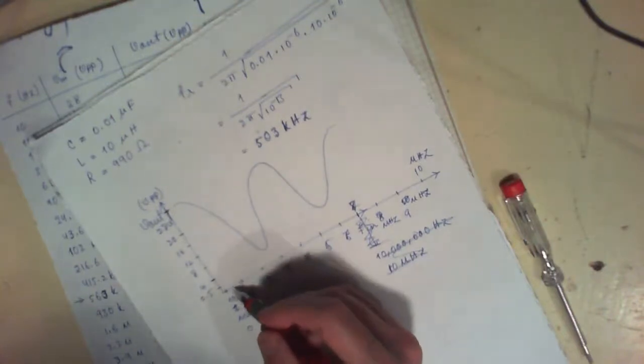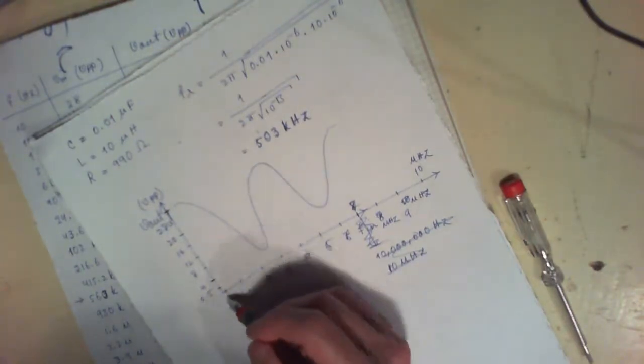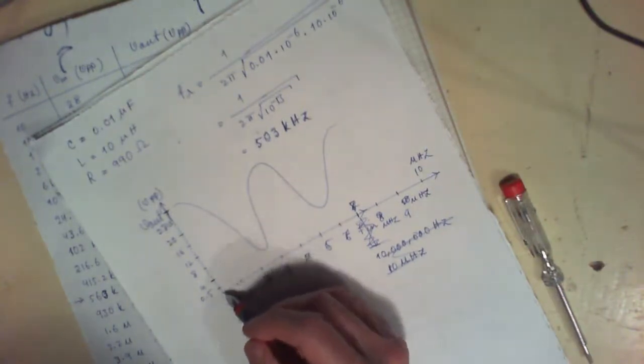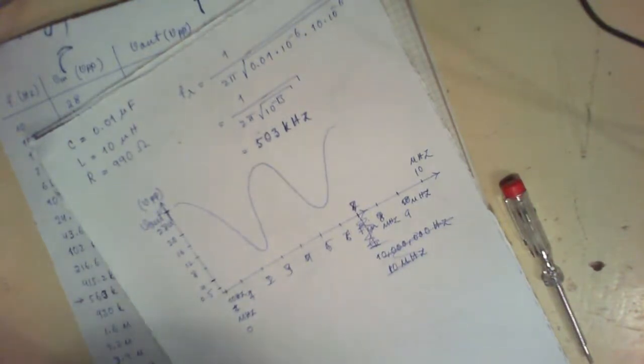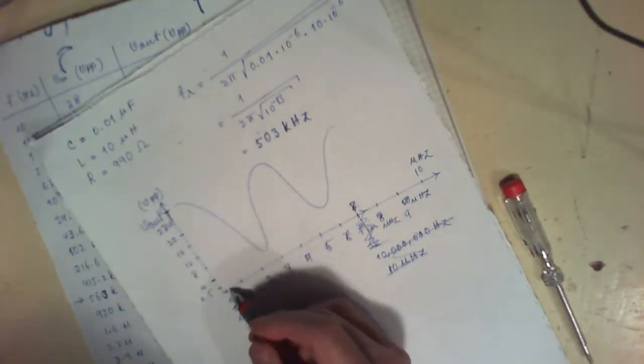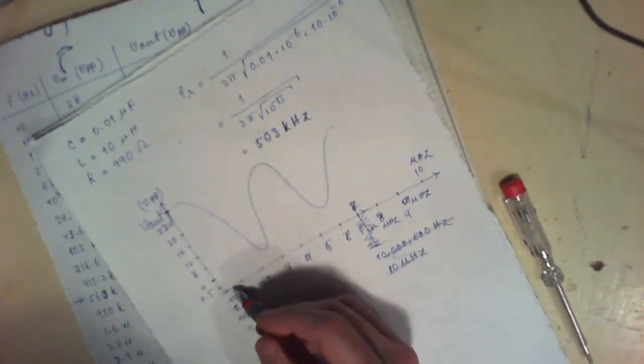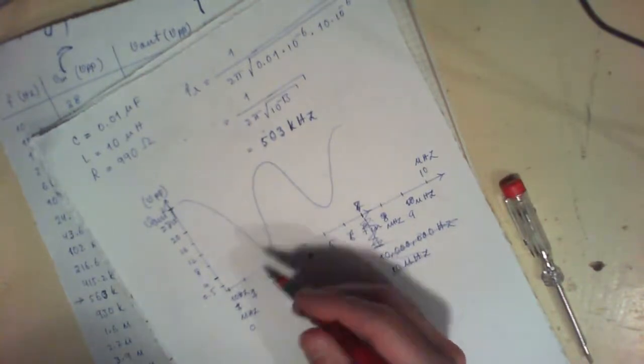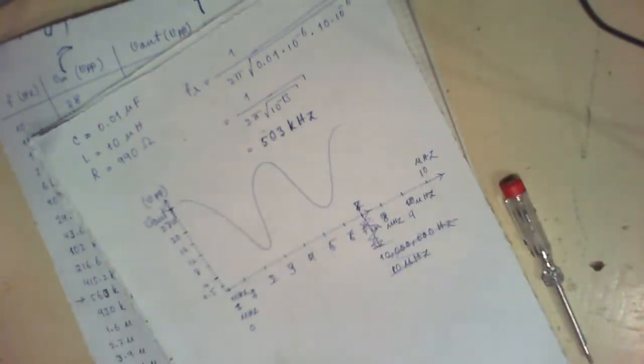If I were to find some point between 0 and 1, I would have to divide this very short distance into 1 million pieces in order to find, for example, 253 kilohertz. So then it's just not possible.